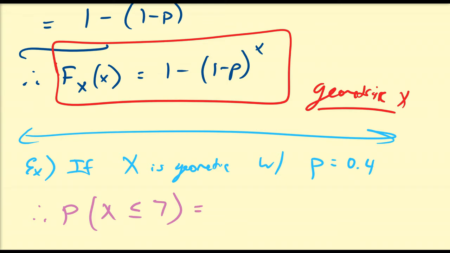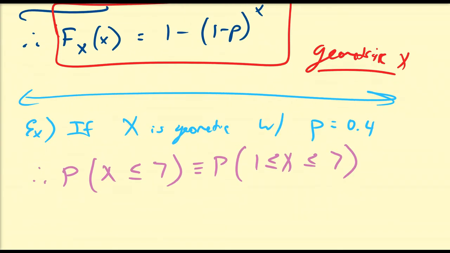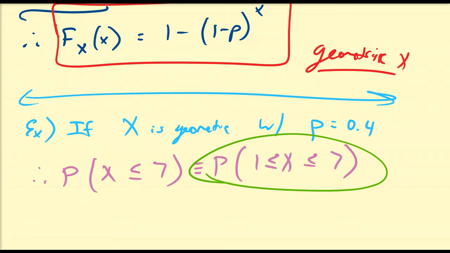So of course this is equivalent to writing the probability that x is between 1 and 7. So remember, this by definition is the cumulative distribution function evaluated at 7. So this is equal to F_X of 7.